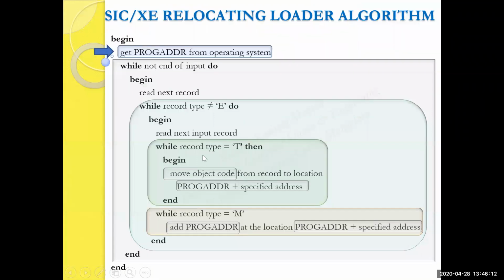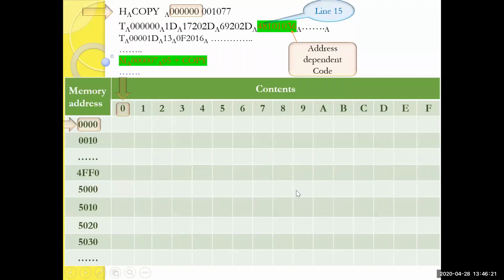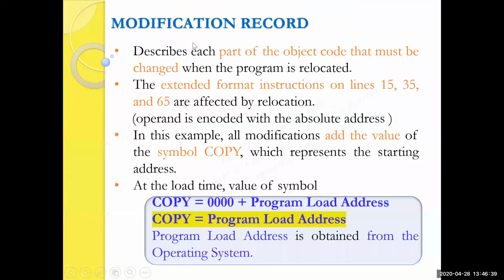So if the record type is T, move the object code from the record to the location program address plus specified address. Here specified address means the address that is specified in the text record. Every text record specifies the starting address from where the loading has to be done. But remember, this is not the actual address. To this we need to add the program address, and at the resultant location, we have to move the object codes.